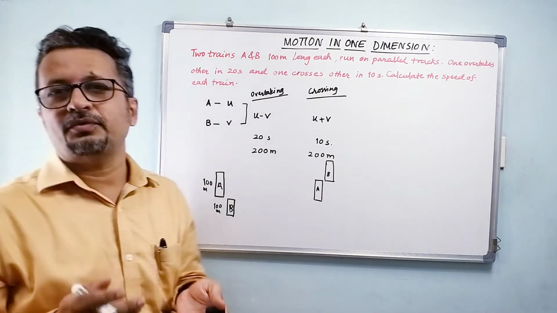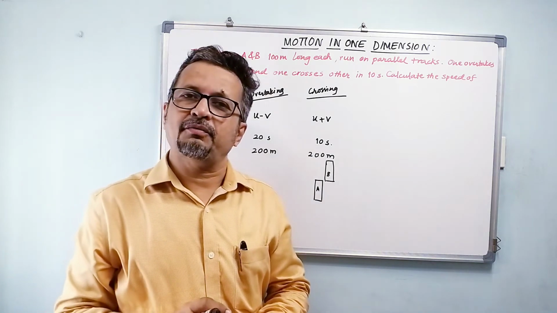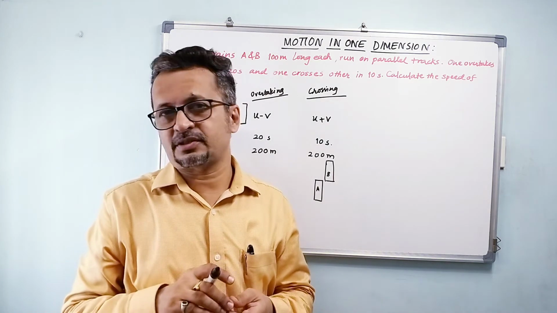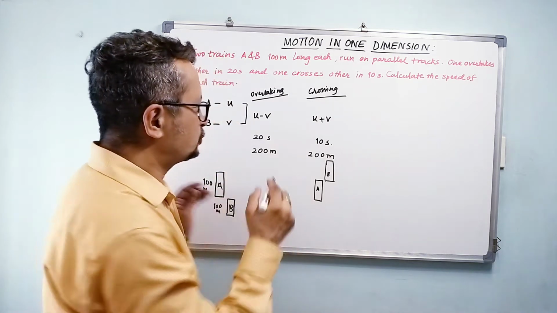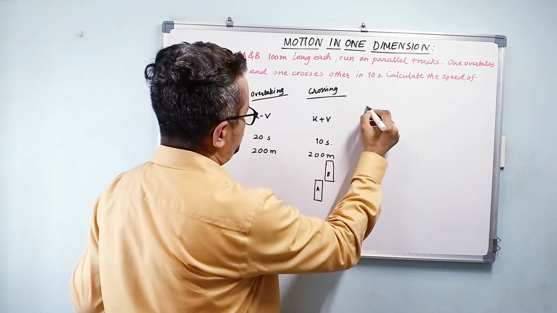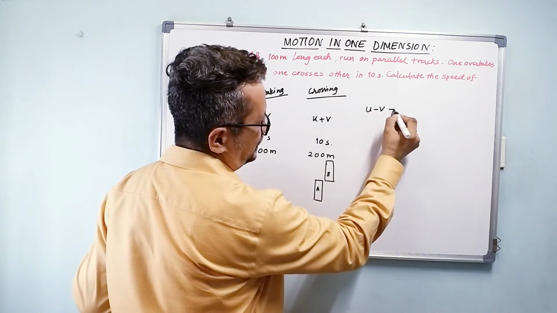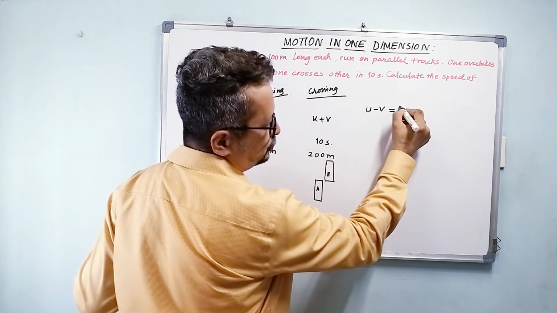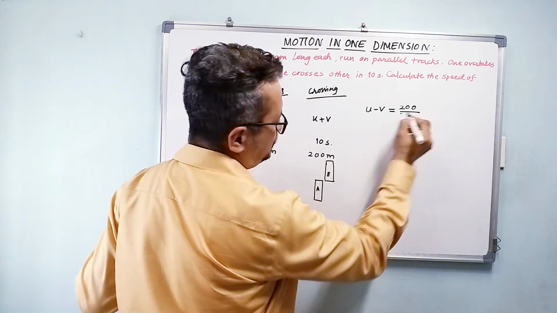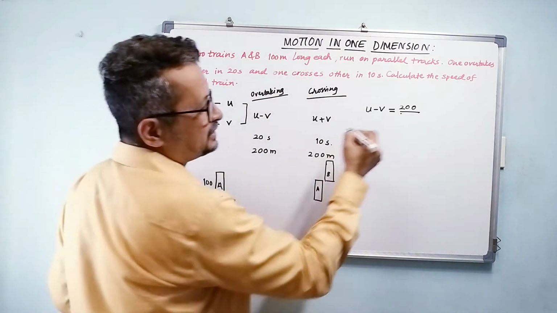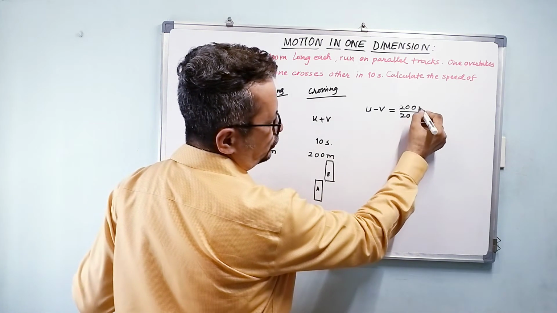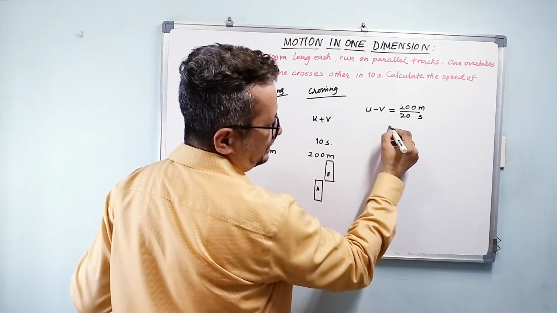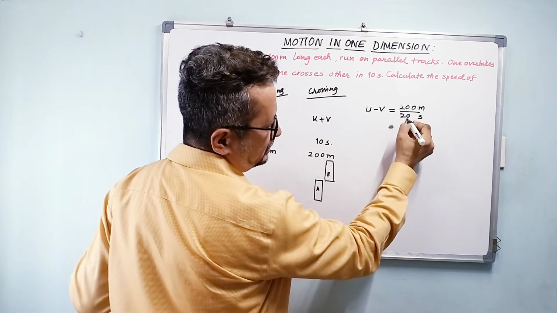So now see, we know that velocity or speed is distance upon time, isn't it? So I know that u minus v, my speed, is equal to distance, that is 200, upon my time, which is 20. 200 meters upon 20 seconds, how much is that?